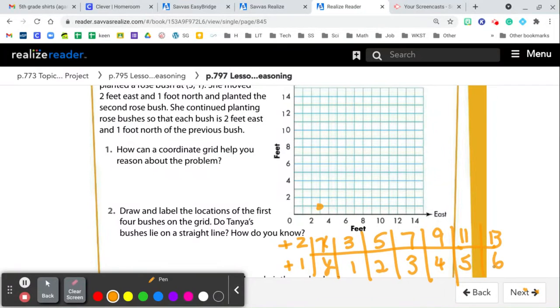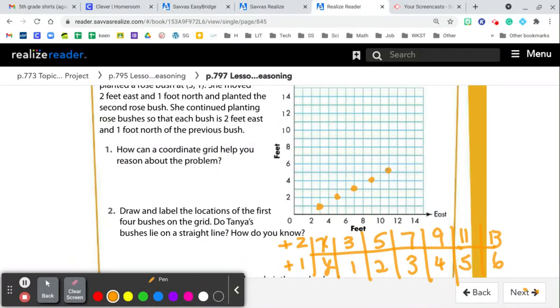So we can start plotting. We've got 3, 1, we have 5, 2, we have 7, 3, we have 9, 4, we have 11, 5, and so on. So we're drawing and labeling.